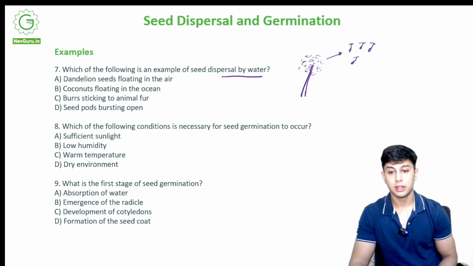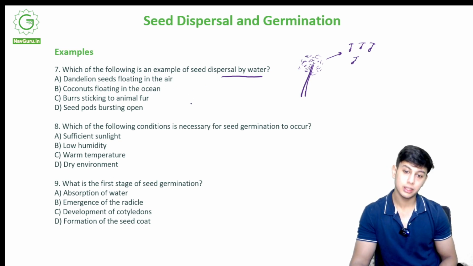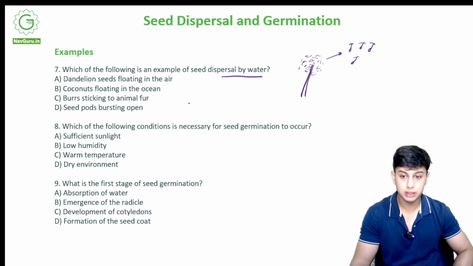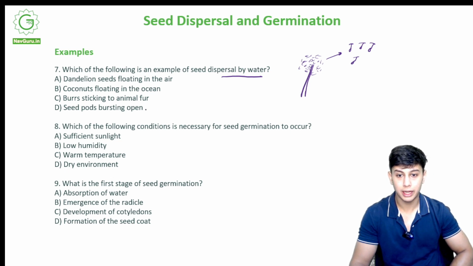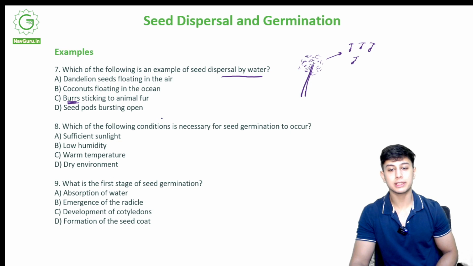Okay, coconuts floating in the ocean. I have shown you a picture, coconuts floating in the ocean, burrs sticking to the animal fur. Burrs is a type of plant. Okay, it's seeds sticking to animal fur, seed pods bursting open.